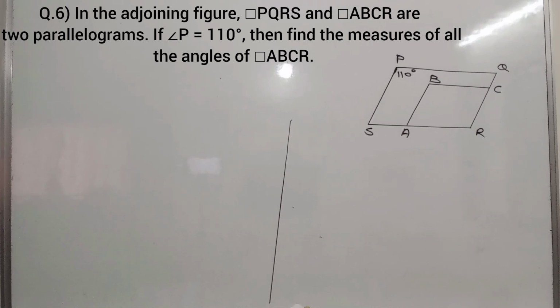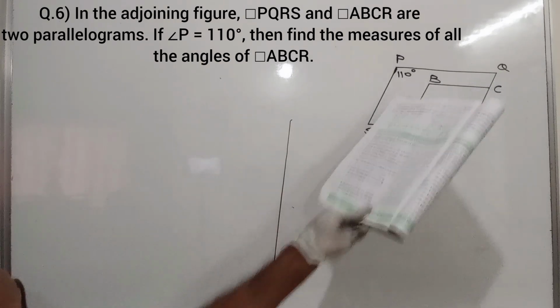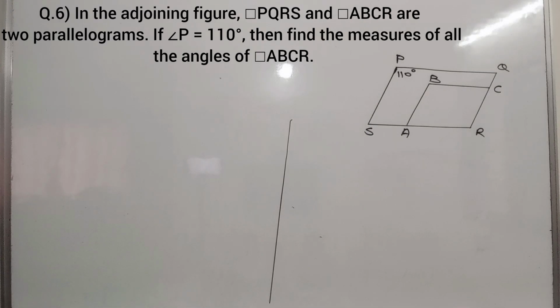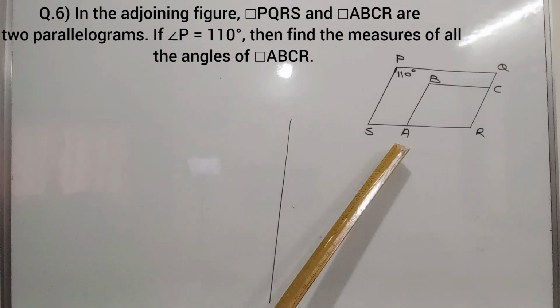Practice set 5.1, question number 6. In figure 5.12, quadrilateral PQRS and quadrilateral ABCR are two parallelograms in a single figure. If angle P is equal to 110, then find the measures of all angles of quadrilateral ABCR.